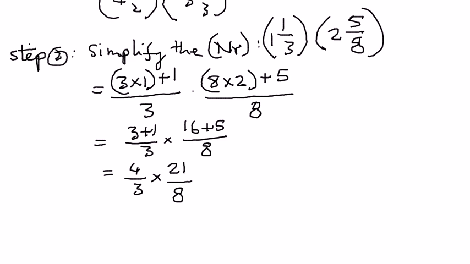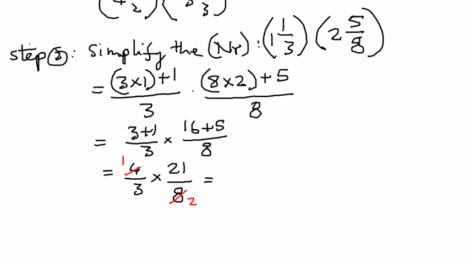Now, as we can see here, we can simplify this a little bit more, and the way to do that is as follows. We said when we have numbers in the numerator and numbers in the denominator which are multiples of one another, we can reduce it some more. So here we have 4 in the numerator, 8 in the denominator. So 8 is a multiple of 4. So 4 times 1 is 4, 4 times 2 is 8.